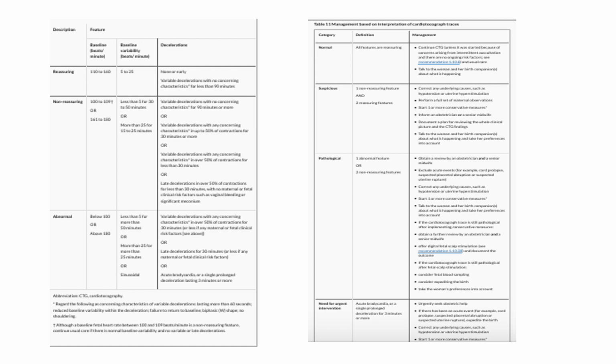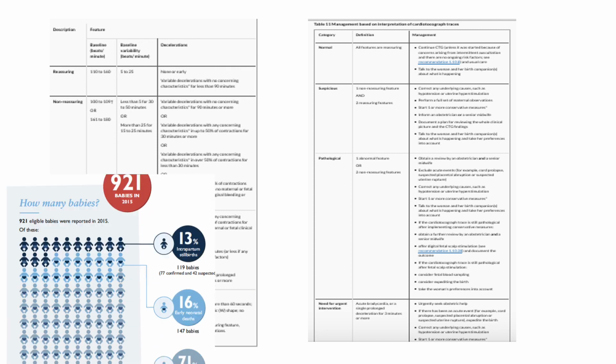The problem of pattern recognition guidelines with set time limits such as 30 minutes, 50% of contractions, etc., is that each fetus is different, just like all of us adults, and therefore we cannot use arbitrarily chosen time limits in all fetuses.